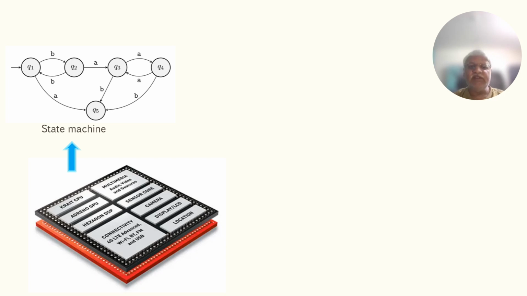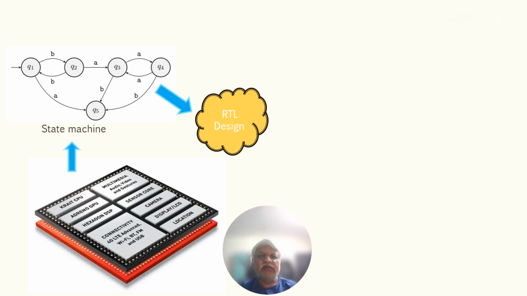So RTL designers use HDL to describe how functional blocks are connected to define the flow of data to the subsystem or system. The digital system behavior, as described earlier, is realized as a state machine, which is later converted through RTL design into a set of hardware elements, which are called registers and combinatorial gates.